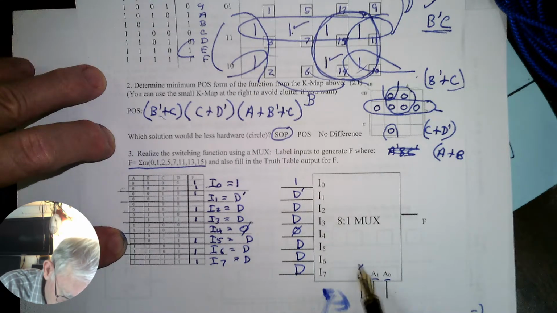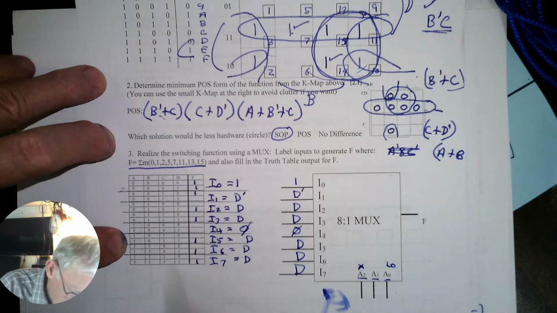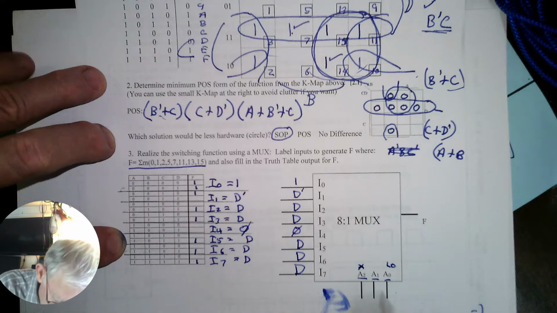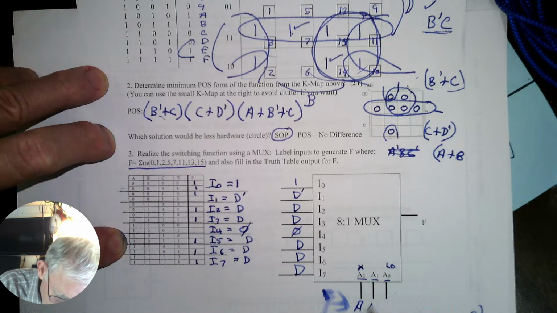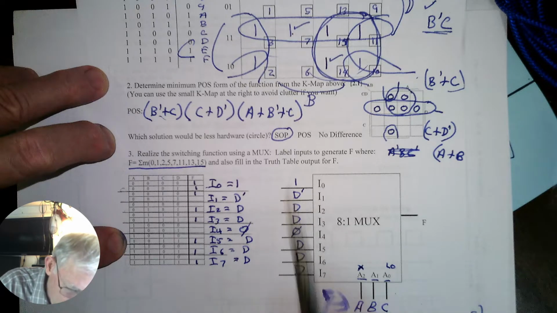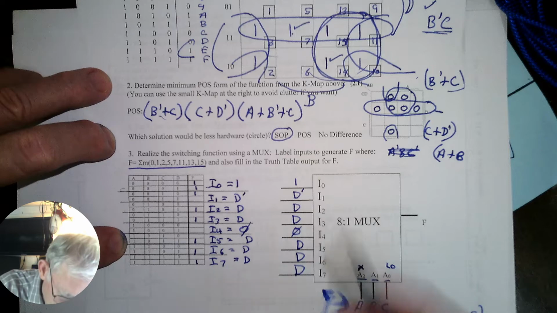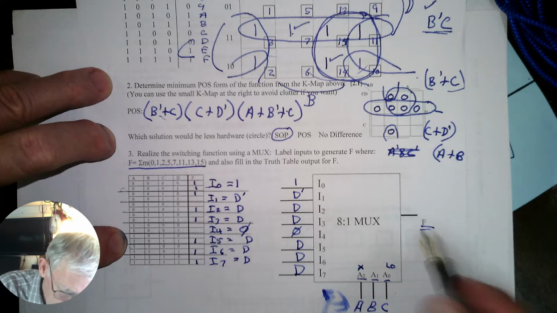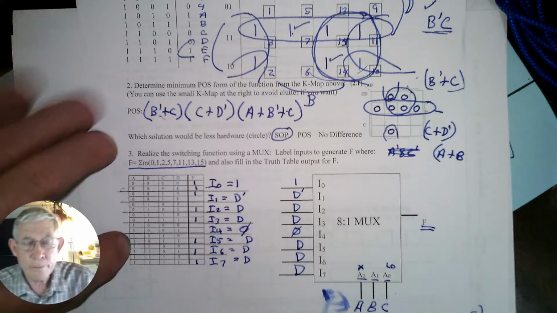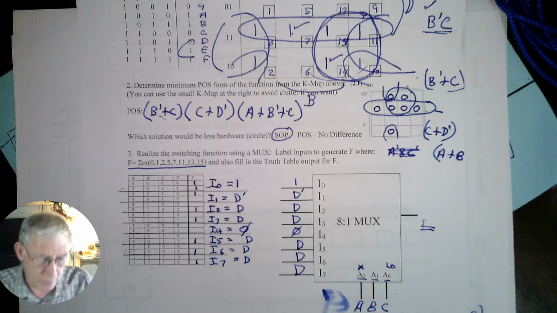This is the high line. This is the low line. So we want to connect A, B, C to that. And of course, D finds its way in over here. We don't have 4 control lines. We only have 3 because it's an 8 to 1 mux. And there's our output F. Okay, so that's how we solve that.